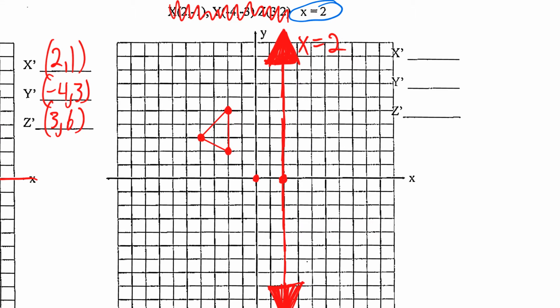Okay, so this is the line x equals 2. So what I'm going to do is count how far this point is away from that line. 1, 2, 3, 4. Since this point is 4 to the left, I'm going to go 4 to the right, and that's where my new point is going to go. There's the reflection of that one. For this point right here, it's 4 away, so I'm going to go 4 this way over here.